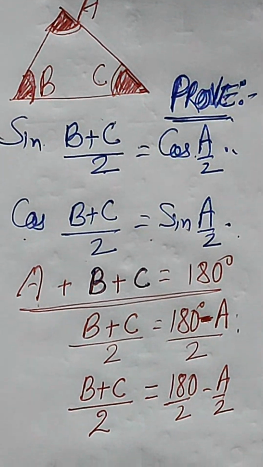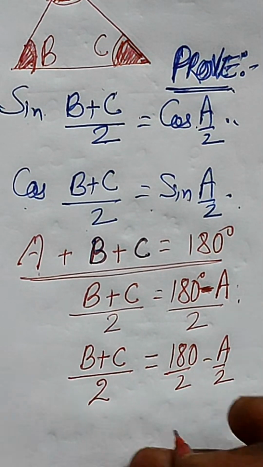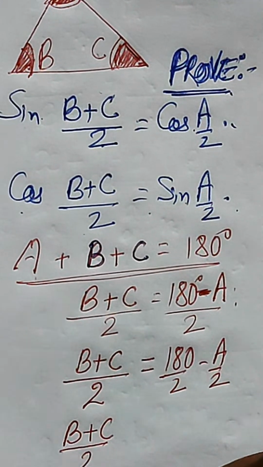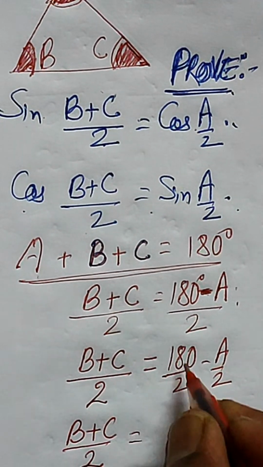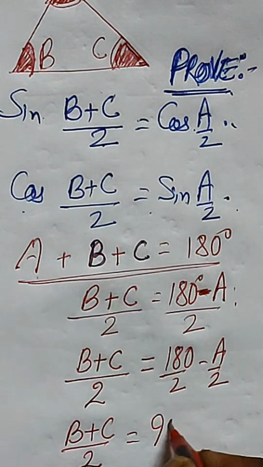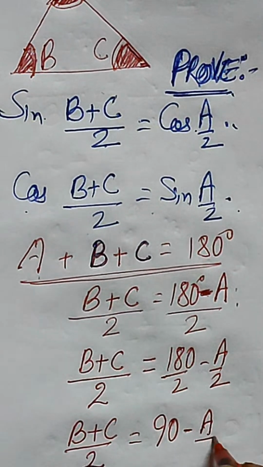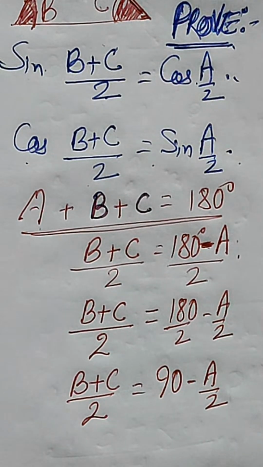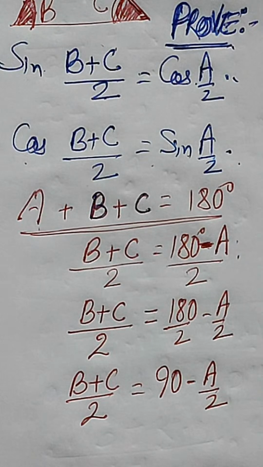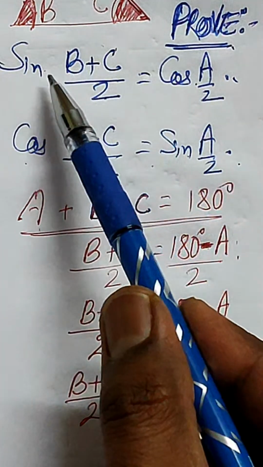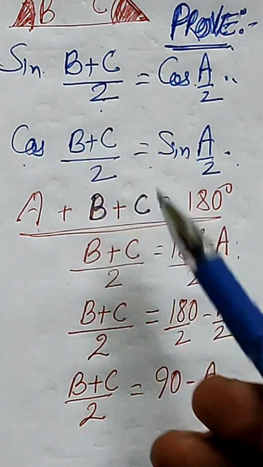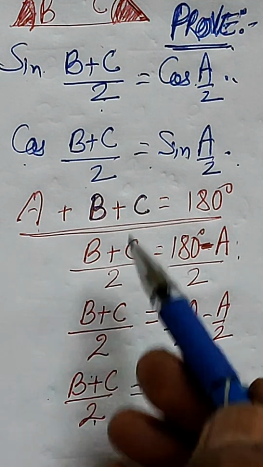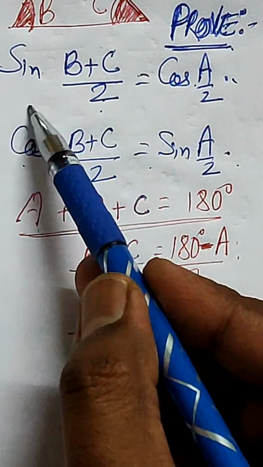And when you write the next line, we can write (B plus C) by 2 is equal to 180 by 2, which is 90, so it's 90 minus A by 2, right? Now what will we do? Simply, here in the first proof, we need to take sine of (B plus C) by 2. So when you take sine of (B plus C) by 2, our LHS will be the same.